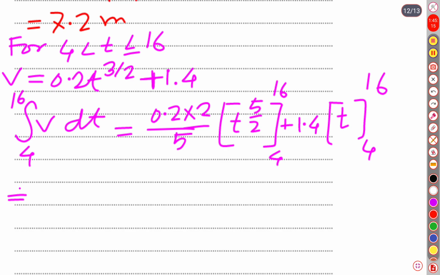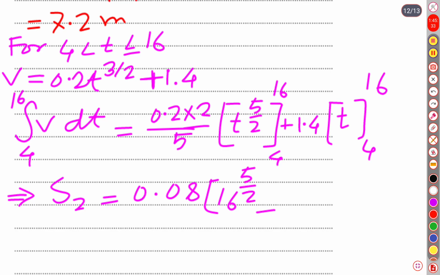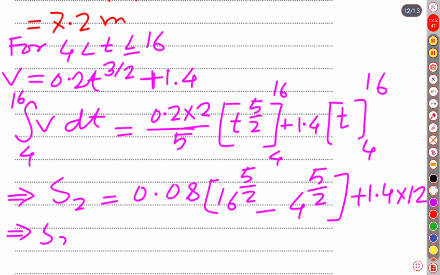Hence it is going to be s2, the displacement of the second phase. S2 is equal to 0.2 into 2 over 5, which is 0.08, times 16 raised to 5 over 2 minus 4 raised to 5 over 2, plus 1.4 into 12, because 16 minus 4 is 12. 16 raised to 5 over 2 minus 4 raised to 5 over 2 is actually 992.